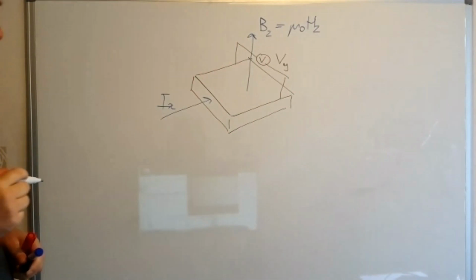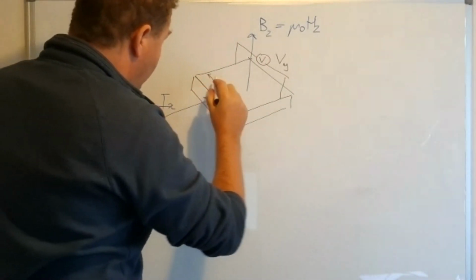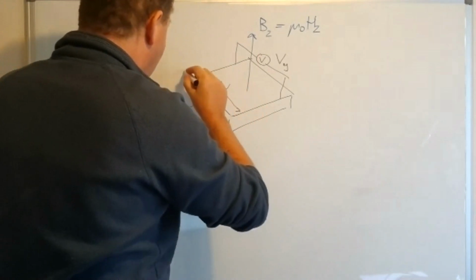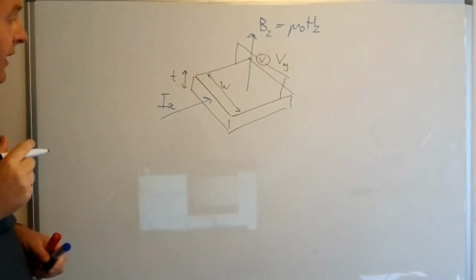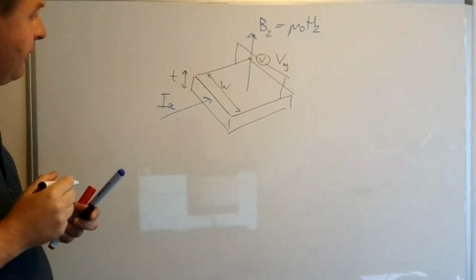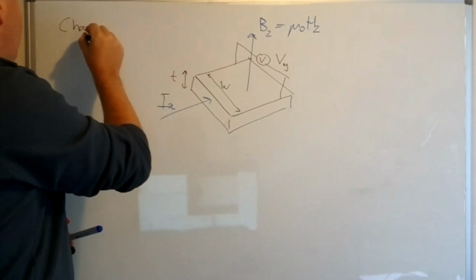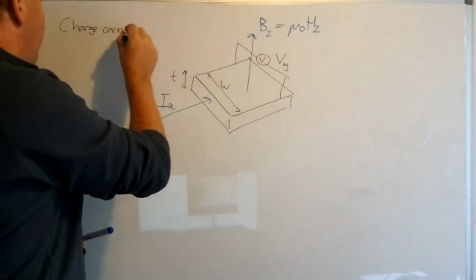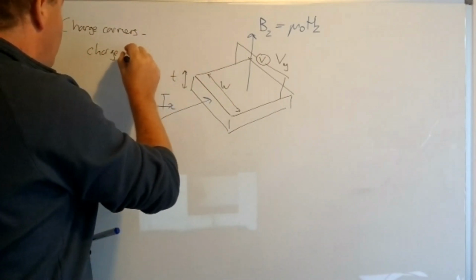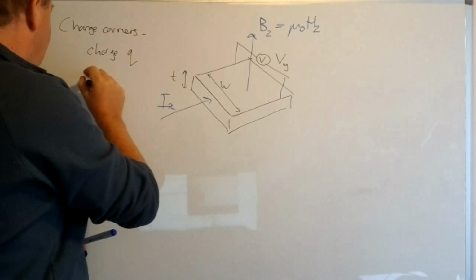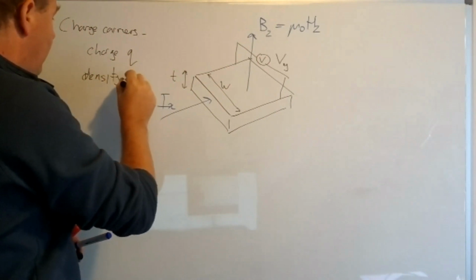And we'll put a few dimensions on here, so let's make this width W and this thickness T. And we'll say we've got charge carriers, so charge q and a density of them n.